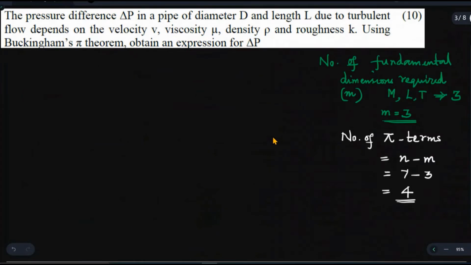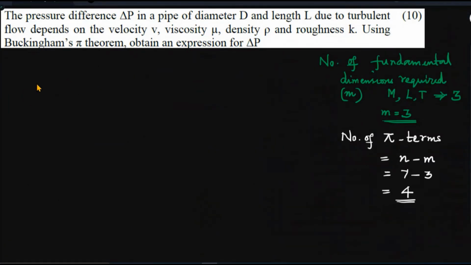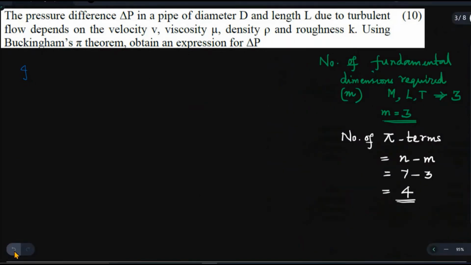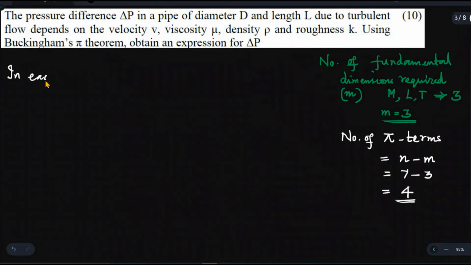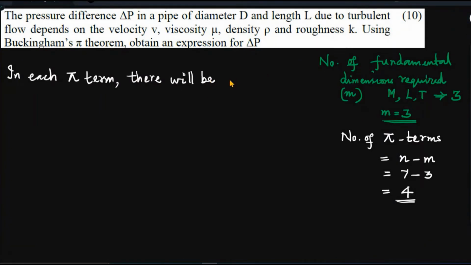Okay, number of pi terms, pi 1, pi 2, pi 3, etc. See, in each pi term, now, so let us proceed further. In each pi term, there will be m plus 1 variables. Okay, so that's very important. m is the number of fundamental dimensions, which in this case is 3.